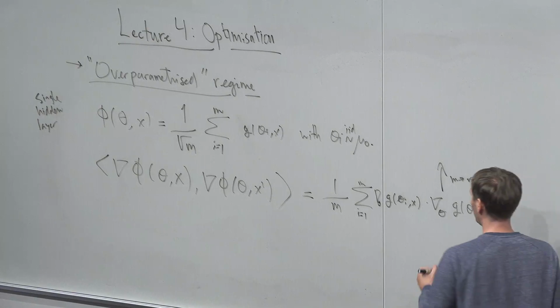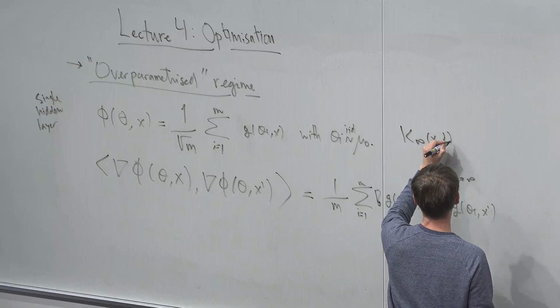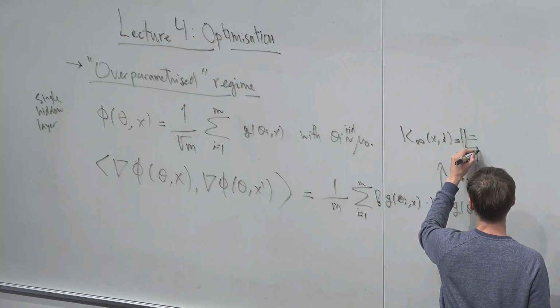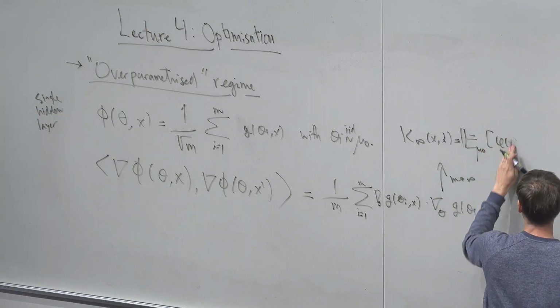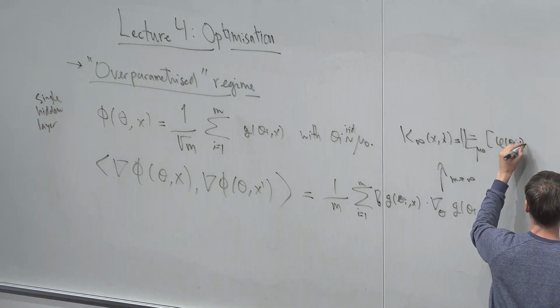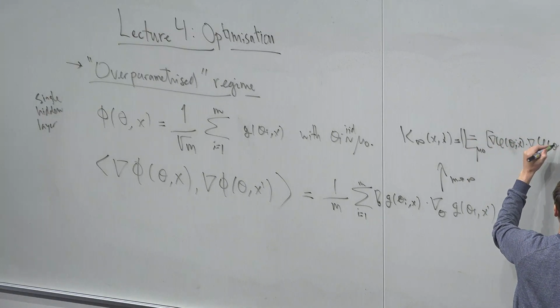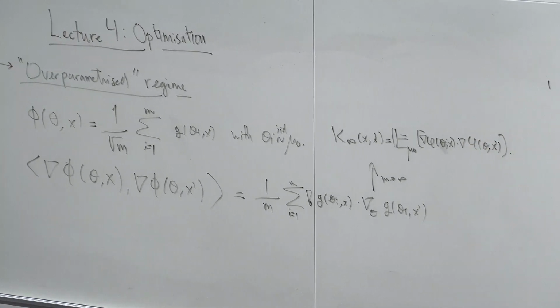It's a deterministic kernel that we can call k infinity of x, x prime, which is nothing else than the expectation with respect to mu0 of the gradient of phi of theta x times the gradient of phi of theta of x prime.